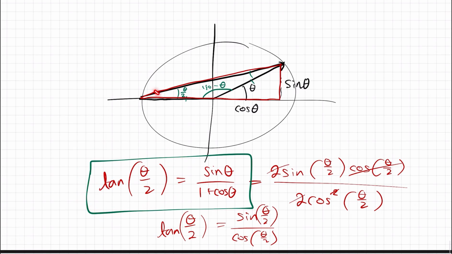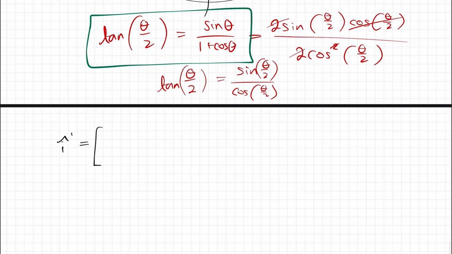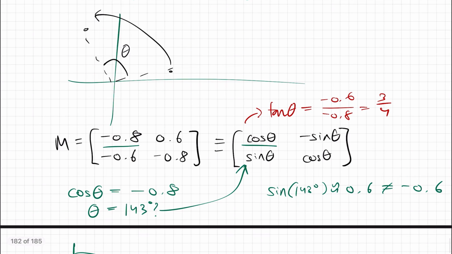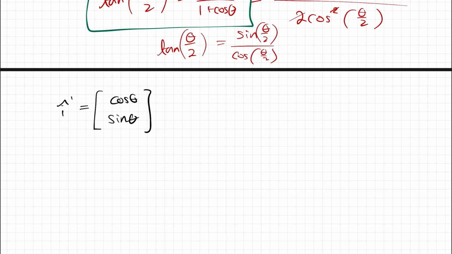And therefore, if we just use this identity, so let's remember our initial thing. We know I hat dash is just going to be cos theta over sine theta, just taking the I hat component of this since we're ignoring the j hat. And we knew that that was equal to minus 0.8 over minus 0.6.